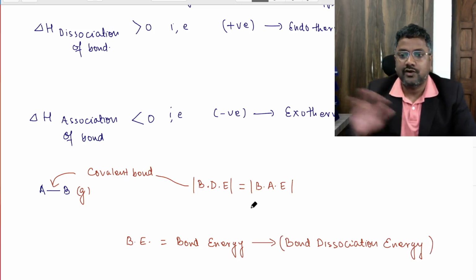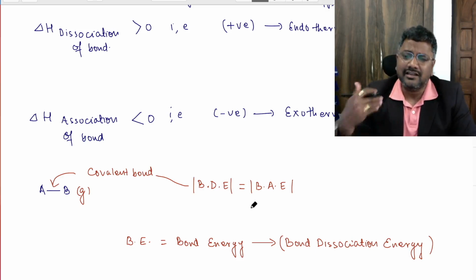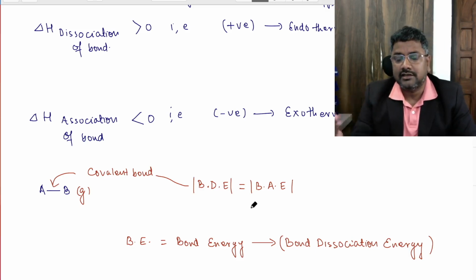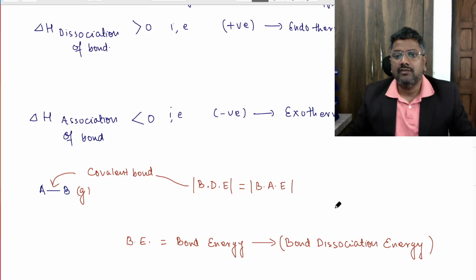You always consider bond dissociation energy unless it is otherwise given. If the examiner has already given that bond association energy is this, then you have to consider the bond association energy.